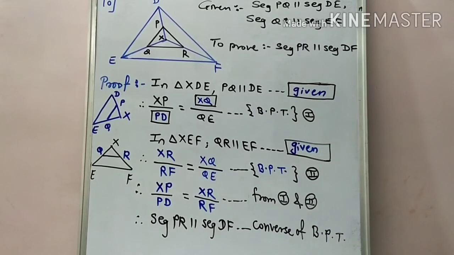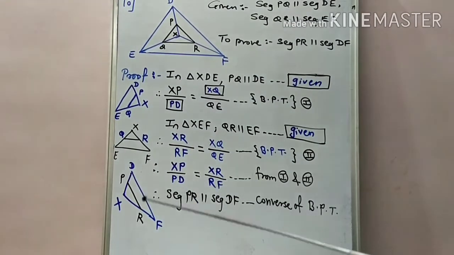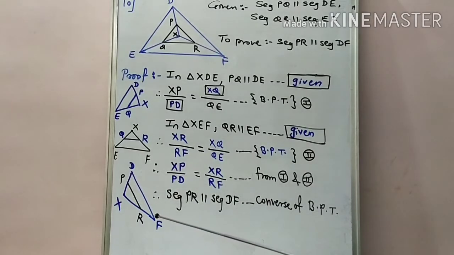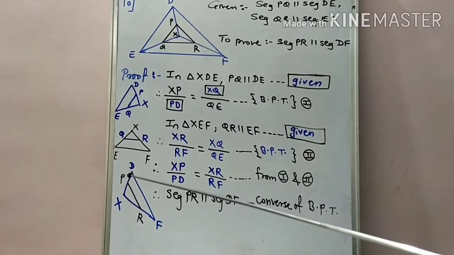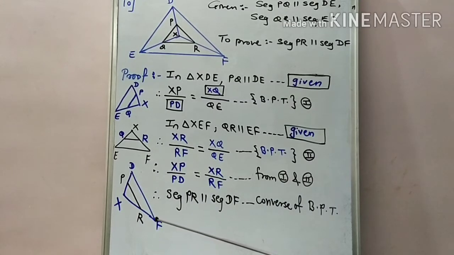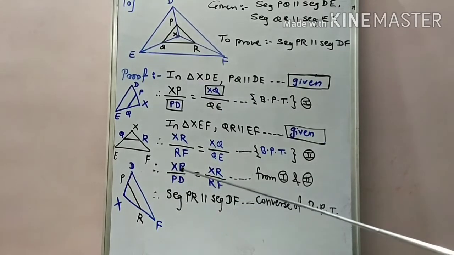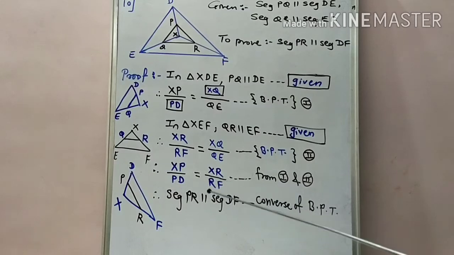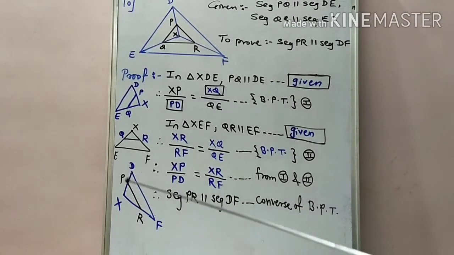But in triangle XDF, we are getting XP upon PD equals XR upon RF from 1 and 2, then according to the converse of BPT, if the ratio is the same, the line is parallel to the third side, and hence we write segment PR is parallel to segment DF.